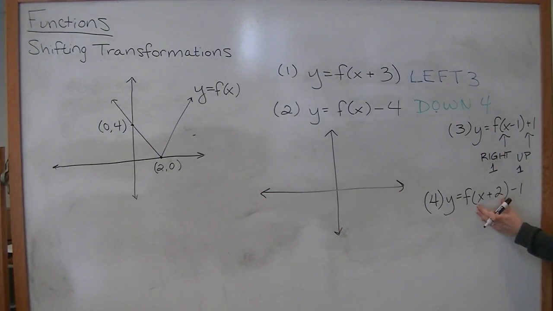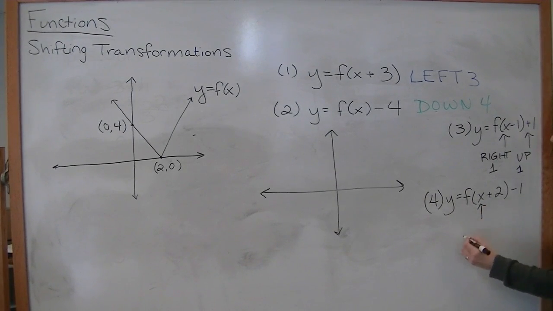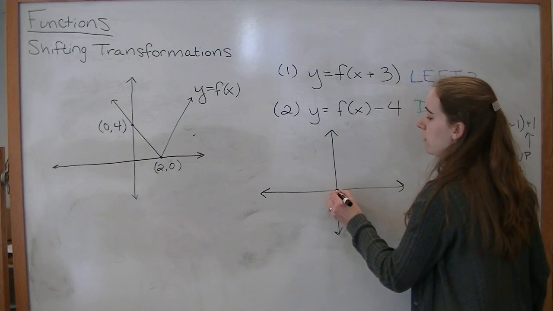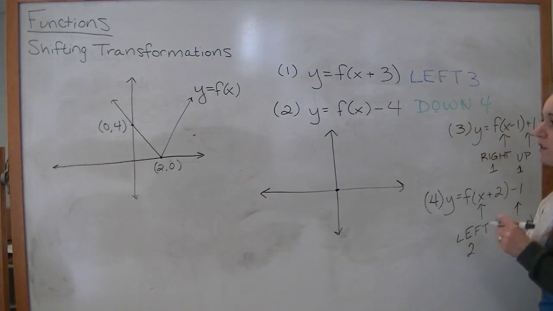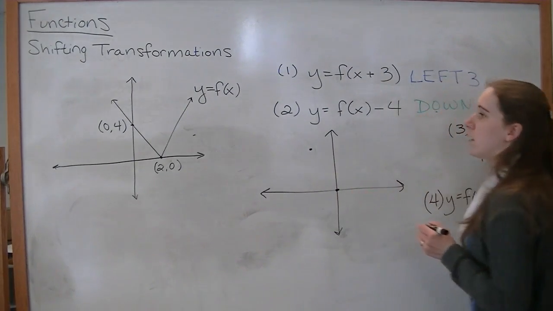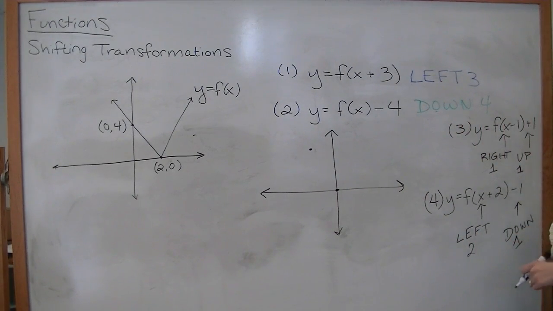We need to deal with our input shift and also the output shift. So our input shift is going to tell us that we're moving to the left by 2 units, right? Because we're adding 2. The output part is going to tell us that we're moving down by 1 unit, since we're subtracting the 1. So first of all, we want to move everything left by 2 units, so that means 2, 0 becomes 0, 0, and 0, 4 becomes negative 2, 4.